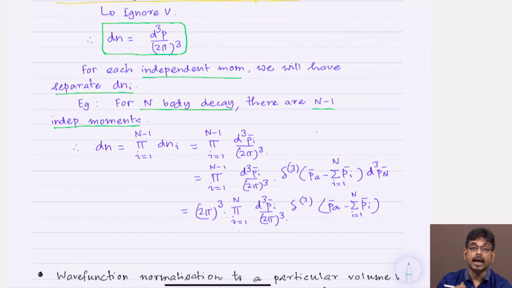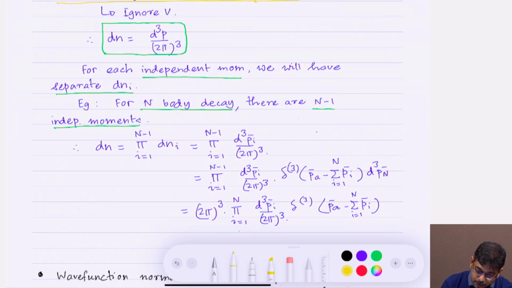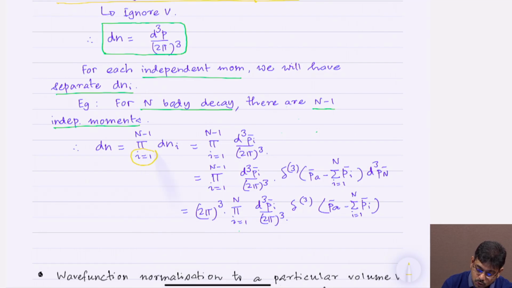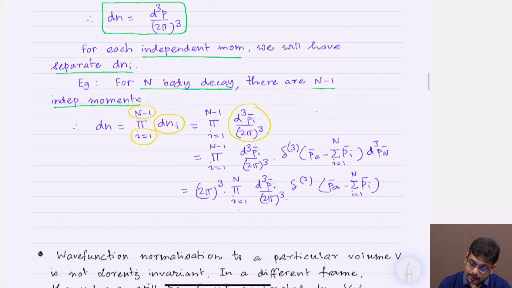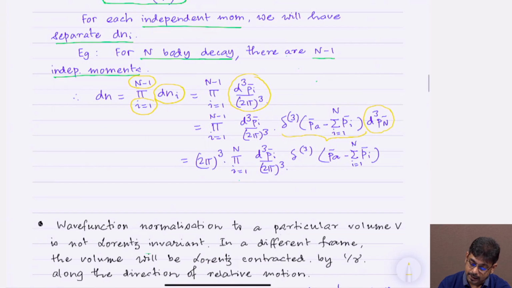So, therefore, for capital N body decay, your dn will be essentially given by the product over i equal to 1 to n minus 1 of dn_i, where this dn_i is nothing but d^3p_i by (2 pi)^3. Or I can also rewrite this as the product over i equal to 1 to n of d^3p_i by (2 pi)^3, with a delta function which ensures conservation of momenta, delta^3 of p_a minus the sum over i equal to 1 to n of p_i, with a measure d^3p_n for the nth final state.